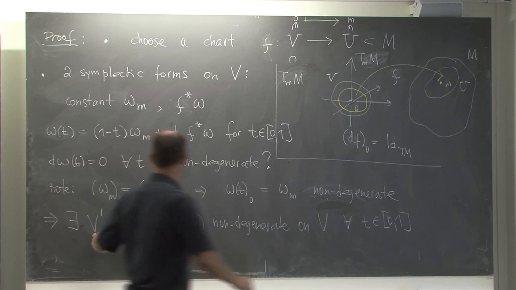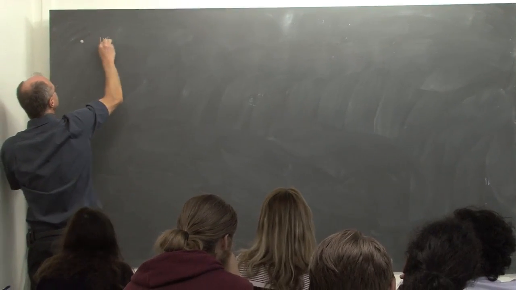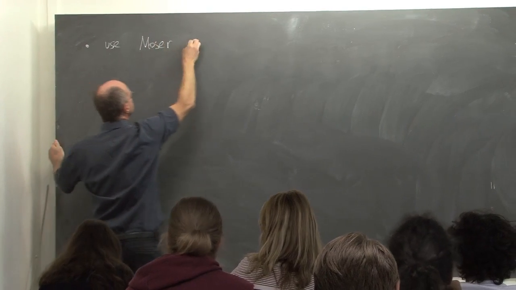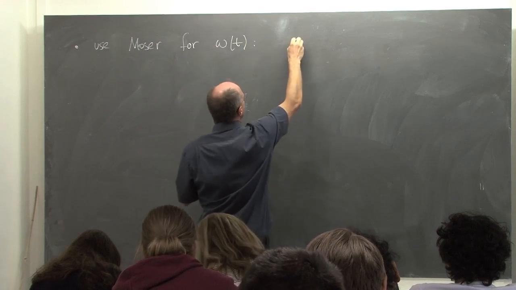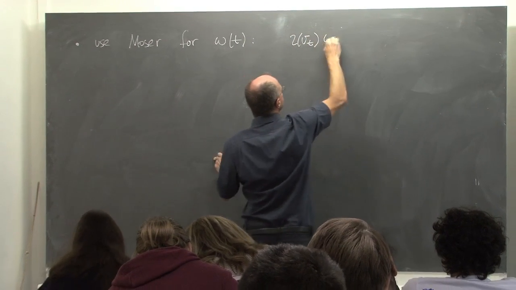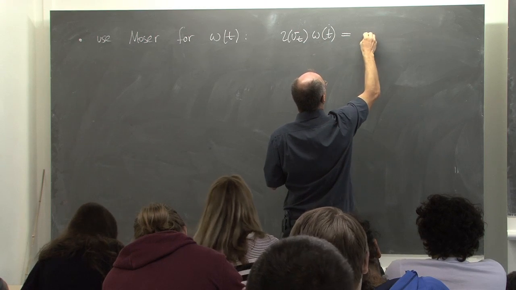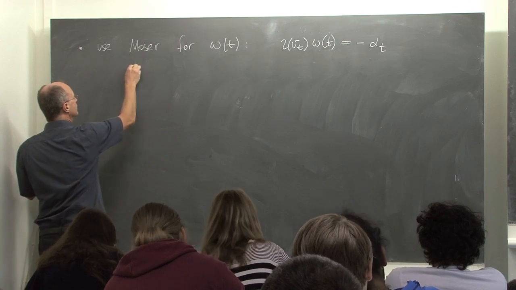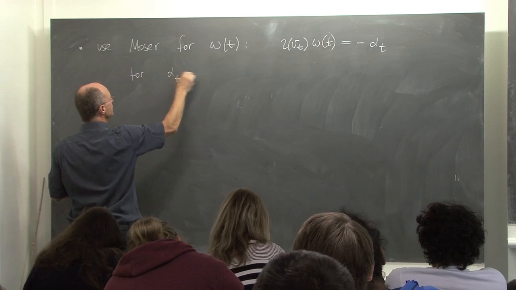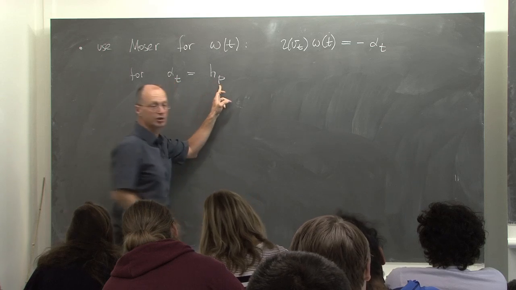So on V prime, we have a family of symplectic structures, and so we can define the Moser vector field for alpha_t, for instance, given by the Poincare lemma homotopy.